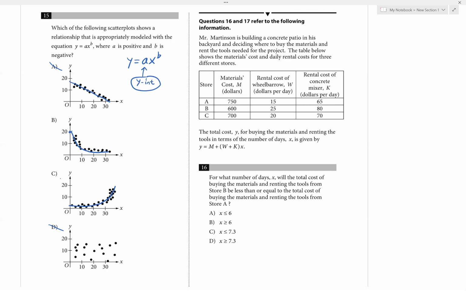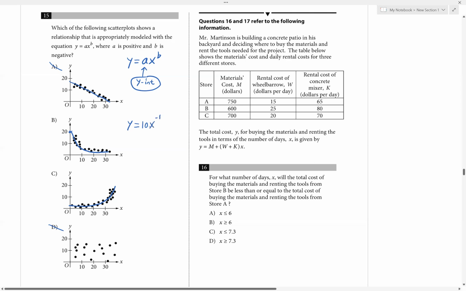So we do have to look at the b value. The b value is negative, and that's part of the exponent. What we can do is just give it a try and plug in some number for b. Say we have y equals, let's say a is 10, for example, and b is a negative value, so that's 10 times x to the -1.